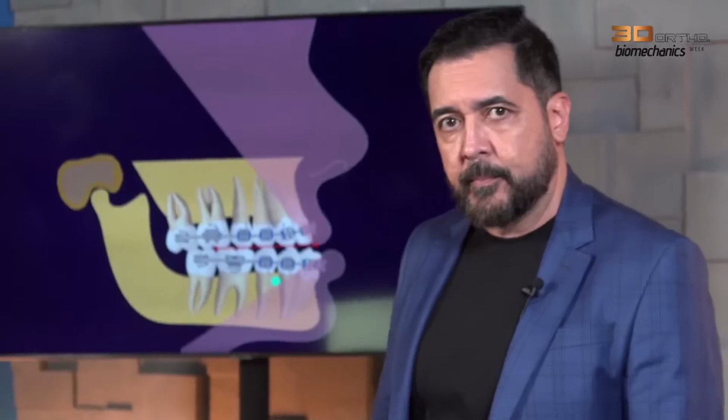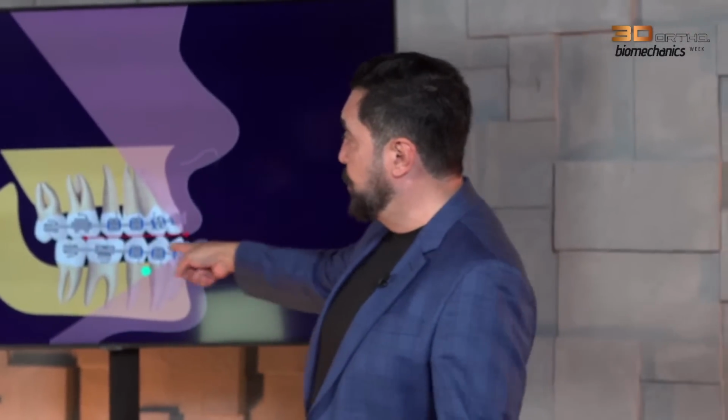Look at the case that you see on Instagram. Some people try to do that with buccal shelf, and they don't even engage the second molar. Take a look at the step between the first molar and second molar. Put that in your mind. And when you see that, you're going to see the mistake.